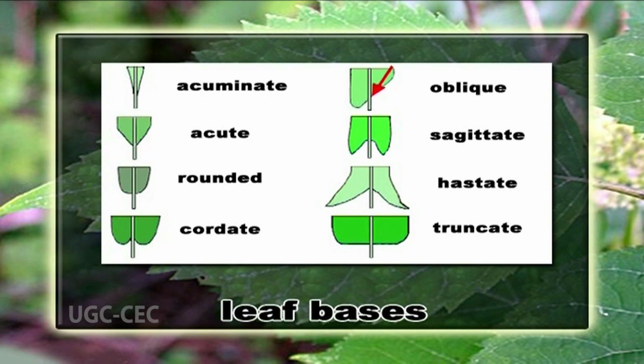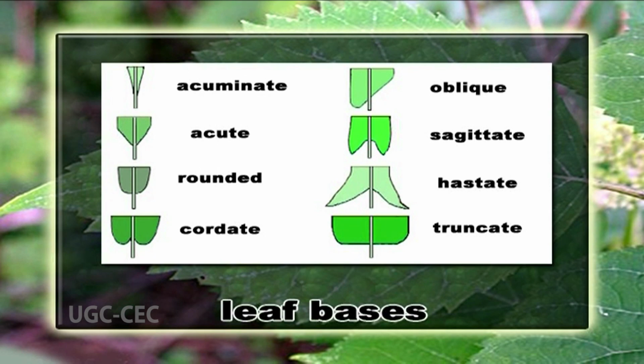Oblique, unequal leaf bases slanting, one side larger, wider or rounded than the other. For example, Solanum torvum. Rounded, lamina margins curve slowly and then meet the petiole forming a rounded structure. For example, Ficus bengalensis.